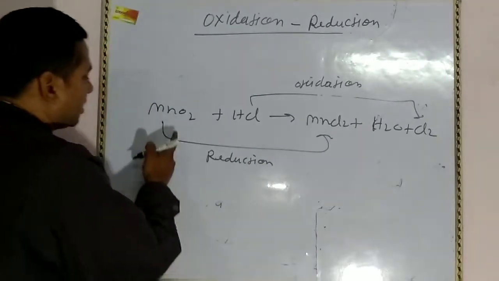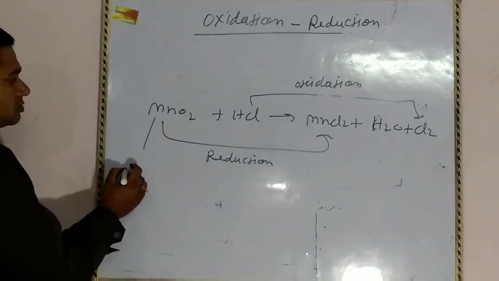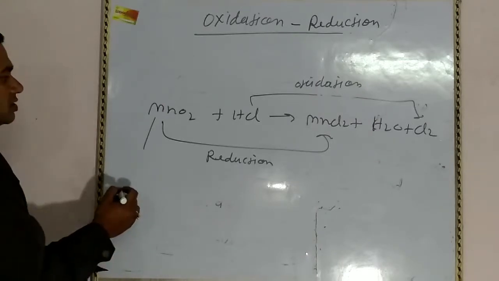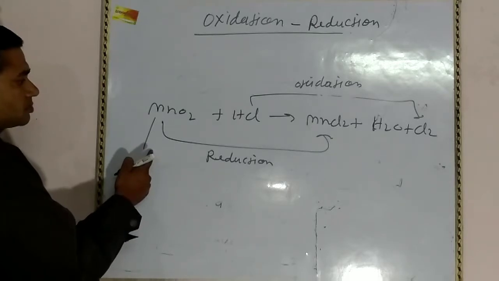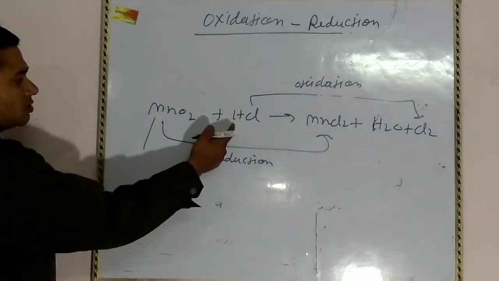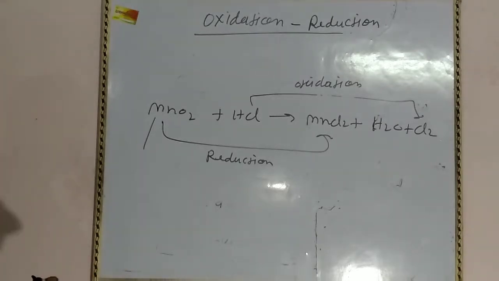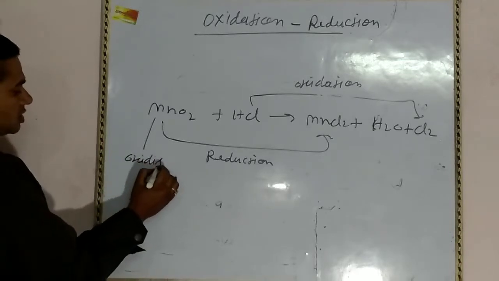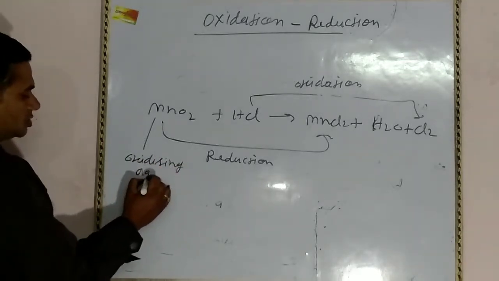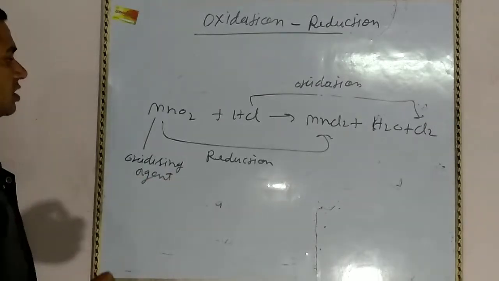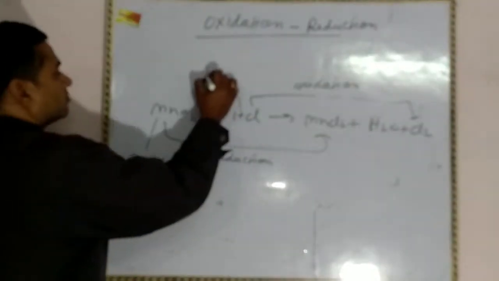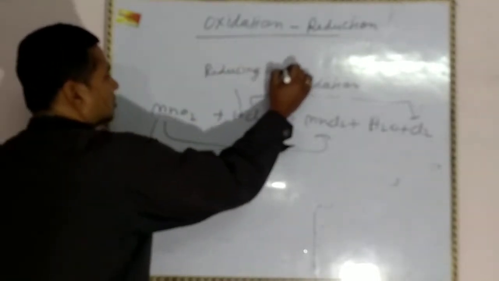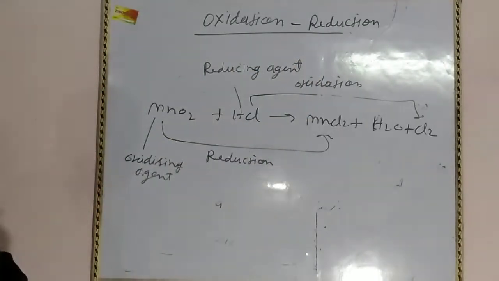So here MnO2 is oxidizing agent because it has removed, so it acts as an oxidizing agent, and HCl acts as a reducing agent. How?